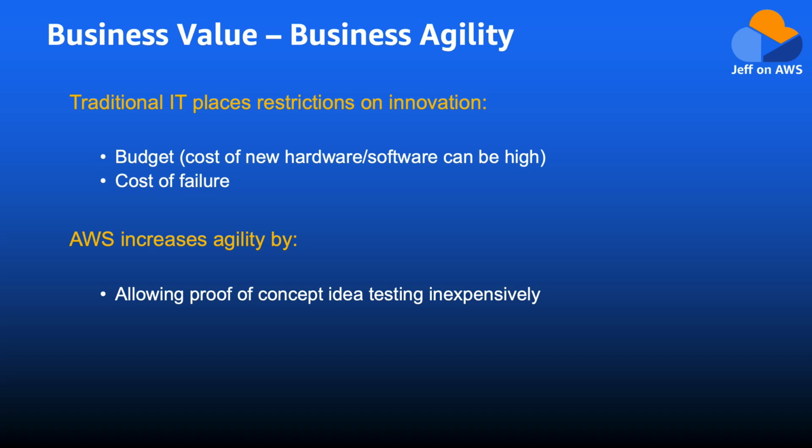They talk about failing fast, and AWS is a perfect example of how your proof of concept is inexpensive. You can test it using available services, and if it ends up not providing the business value you need, you haven't invested a lot of time and effort in capital expenditures. So failure can be fast and efficient, and that's what you want.